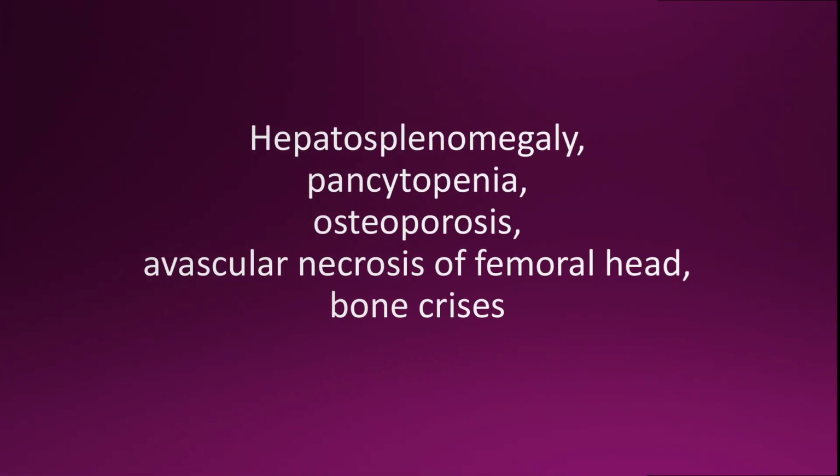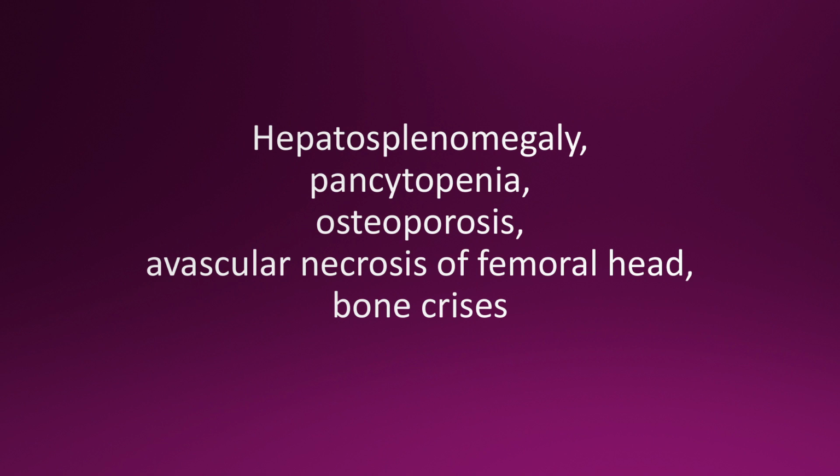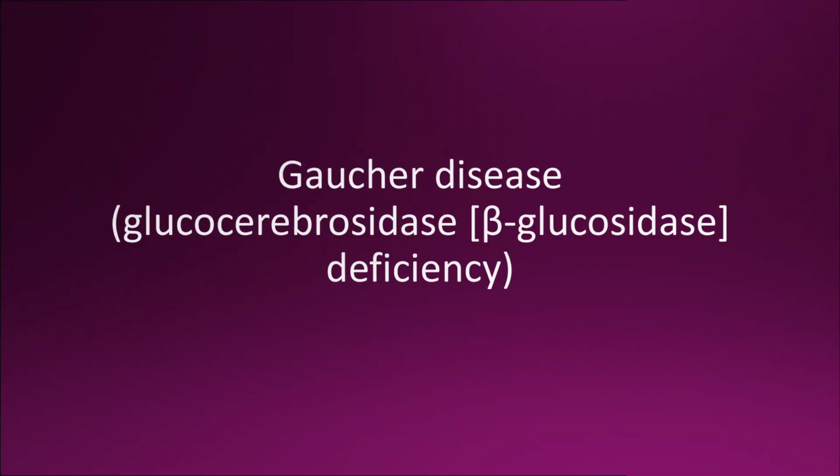Moving on to our next flashcard, you see hepatosplenomegaly, pancytopenia, osteoporosis, avascular necrosis of femoral head, and bone crisis in a patient. Can you think of a diagnosis now? Gaucher's disease. Basically, Gaucher's disease is a lysosomal storage disease.